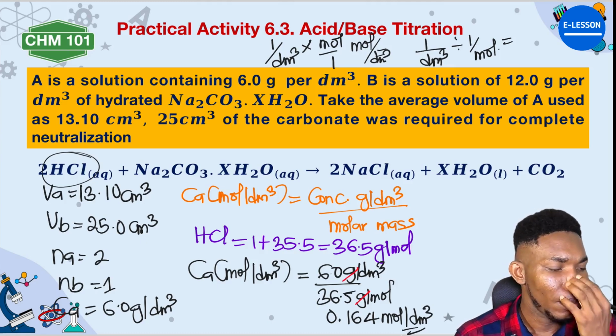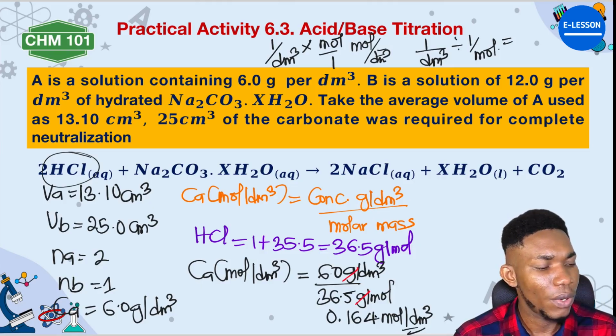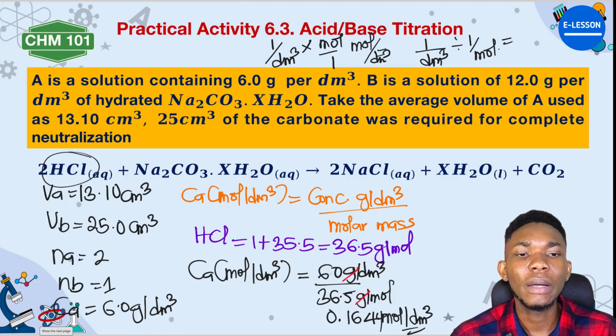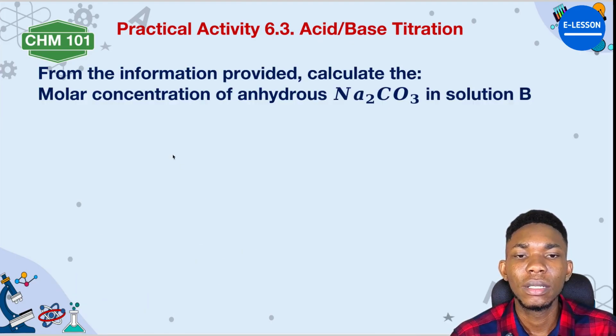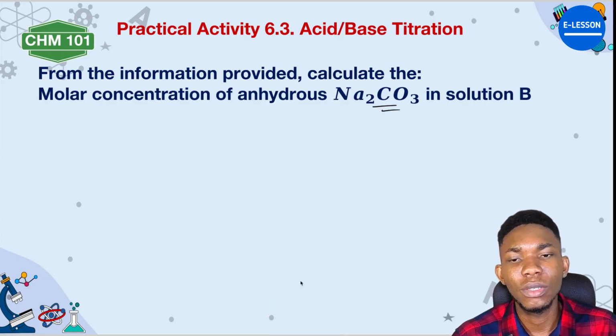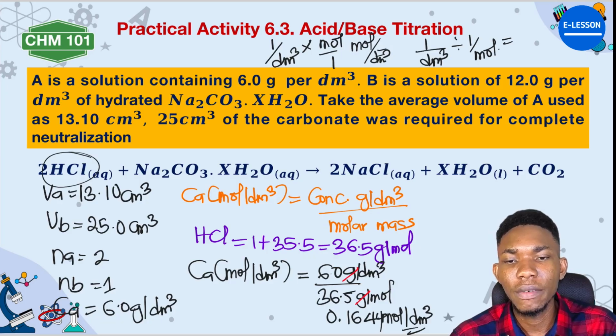All right. Now, let's say 1.644 mole per dm cube. Now that you've gotten that, the next thing we need to get is the molar concentration of anhydrous sodium carbonate in solution. We've already written everything here.